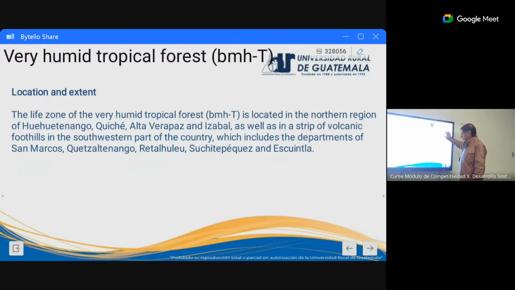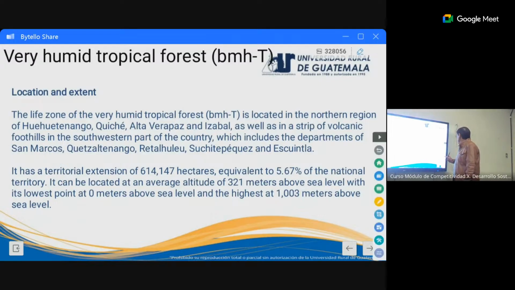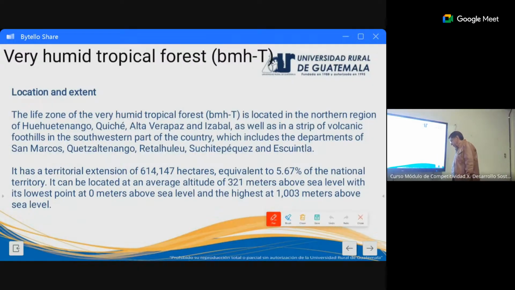Location and extent of the very humid tropical forest. The life zone of the very humid tropical forest is located in the northern region of Huehuetenango. Remember that we have some departments here.